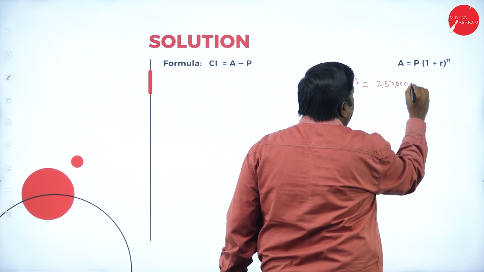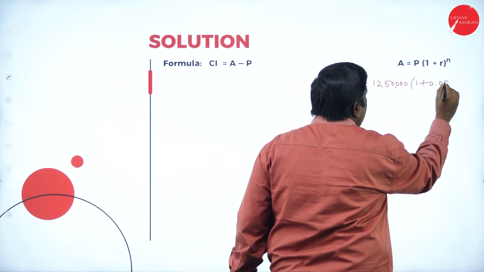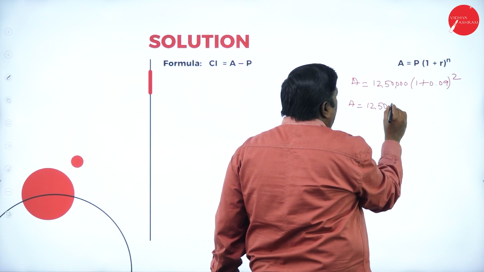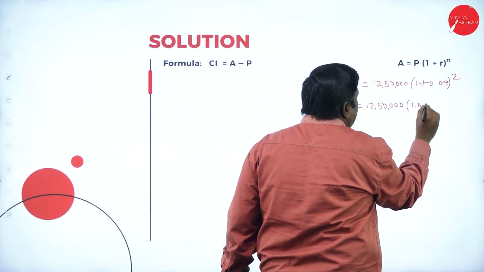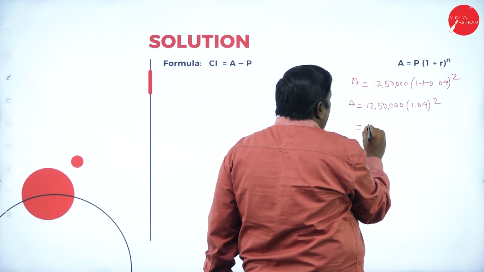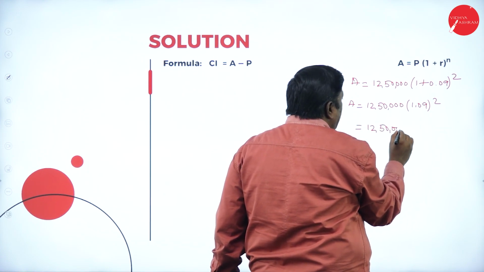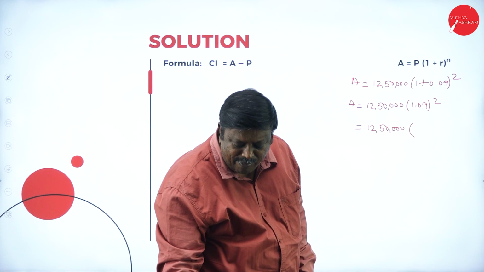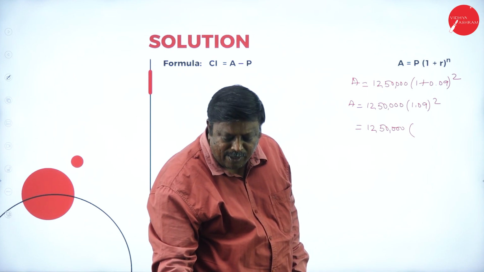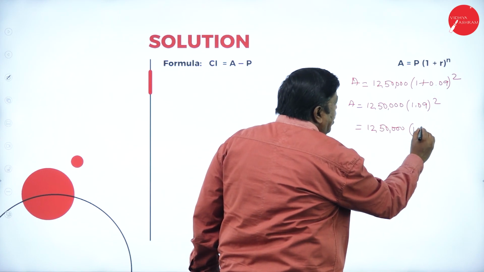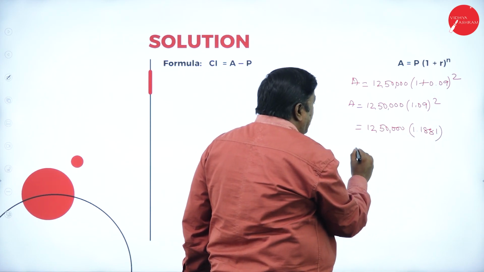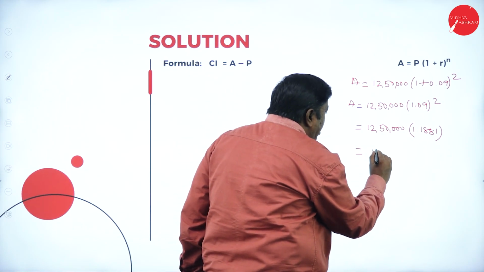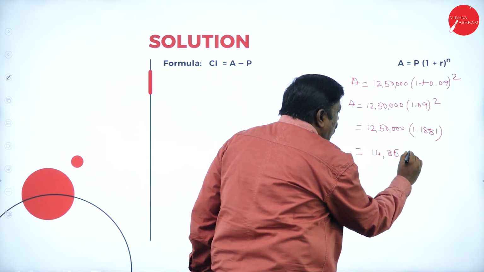So now annuity equals 12,50,000 into 1 plus 0.09 to the power of 2, which is 12,50,000 into 1.09 to the power of 2. 12,50,000 into 1.09 into 1.09, 2 times. So it will be 1.1881 into 12,50,000, which is 14,85,125.